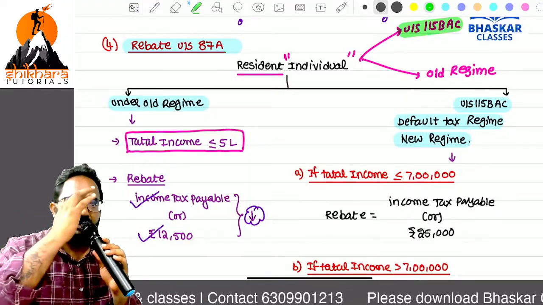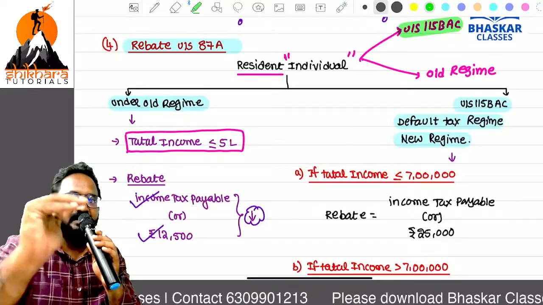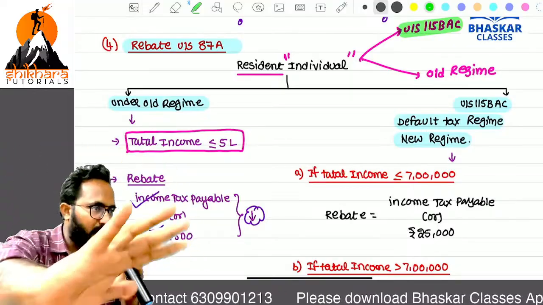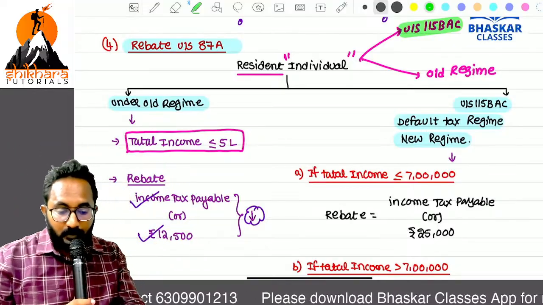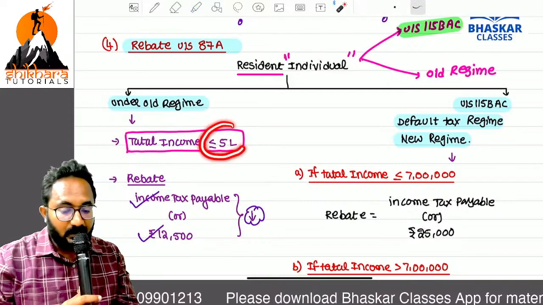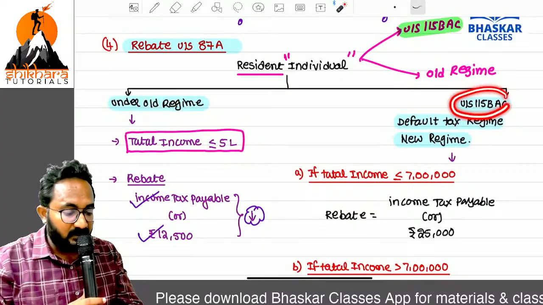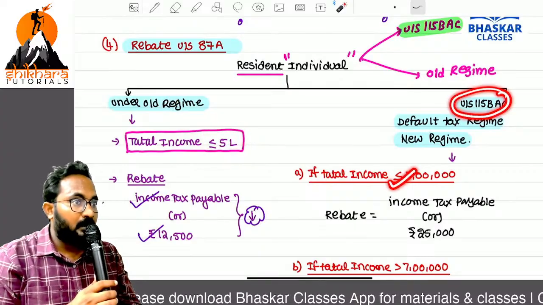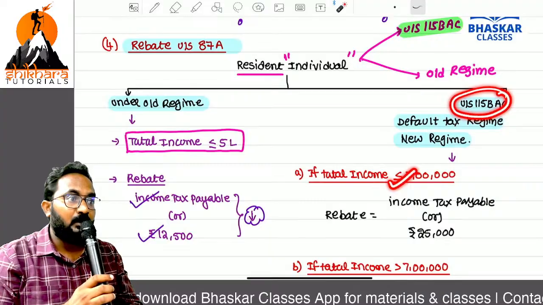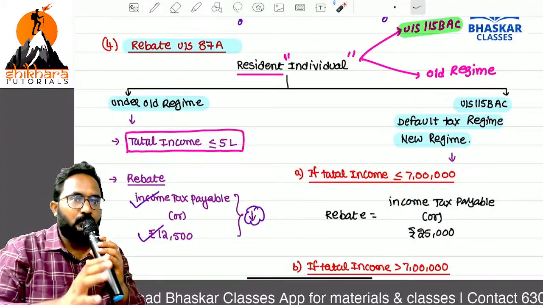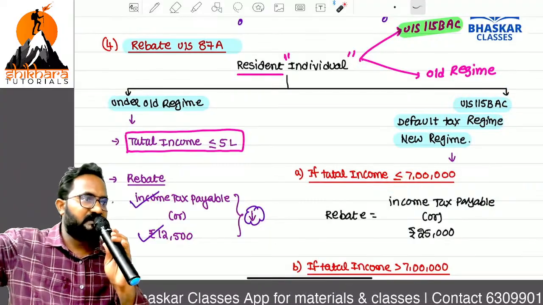Now I will tell you the reason why they are making this the default in filing of ITRs. Because in the old regime, if your total income is less than or equal to 5 lakh, you get a rebate. But in this regime, if you have a total income less than or equal to 7 lakh, you will get what, ma'am? Rebate.